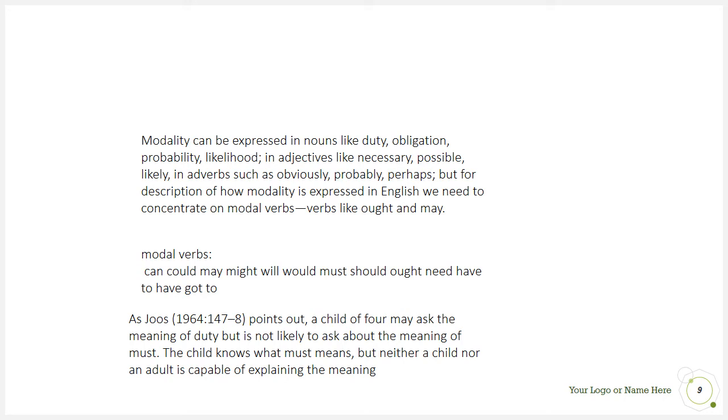As Joos 1964, page 147 points out, a child of 4 may ask the meaning of duty but is not likely to ask the meaning of must. The child knows what must means, but neither a child nor an adult is capable of explaining the meaning.